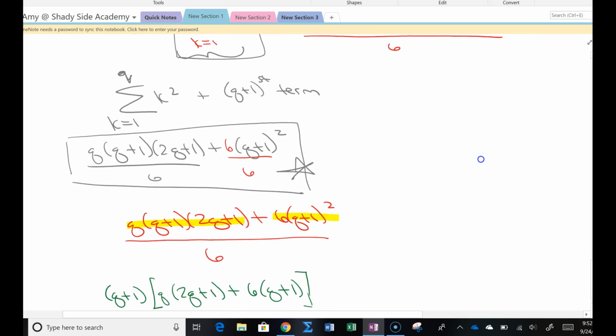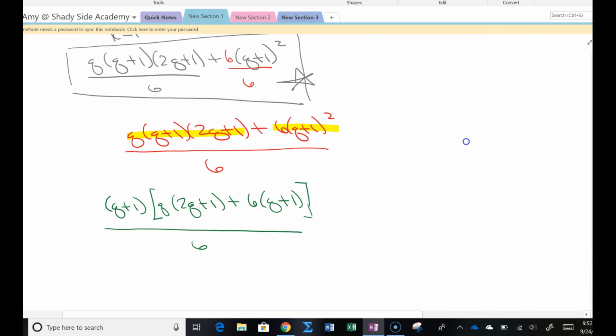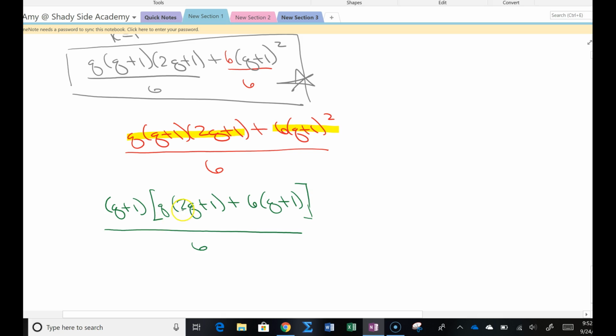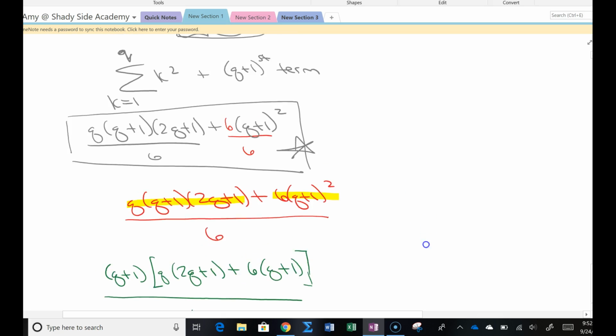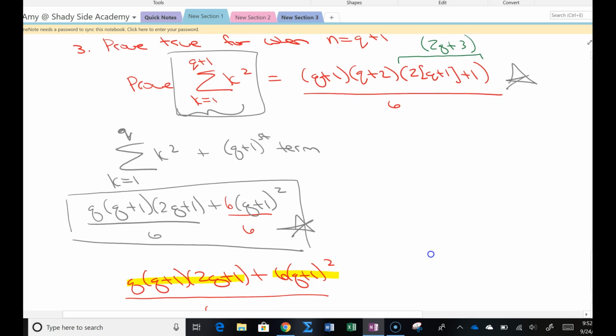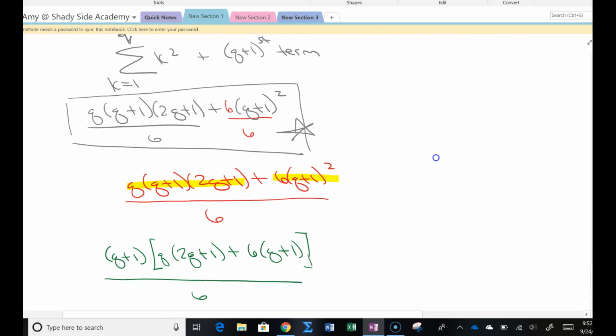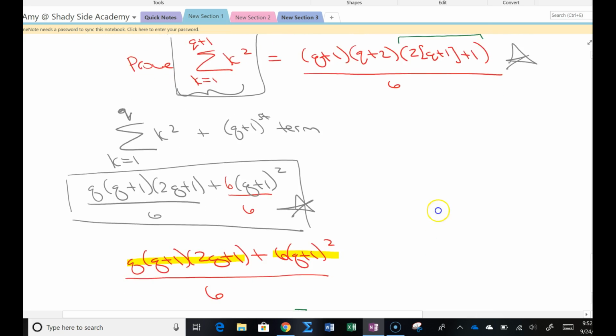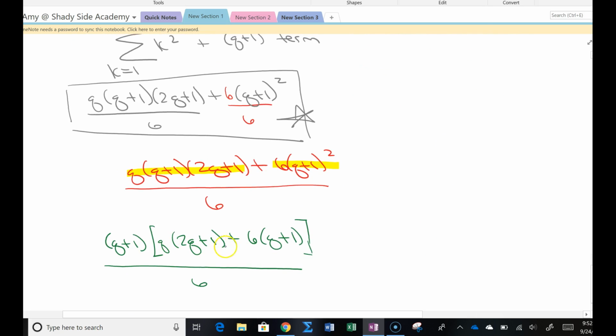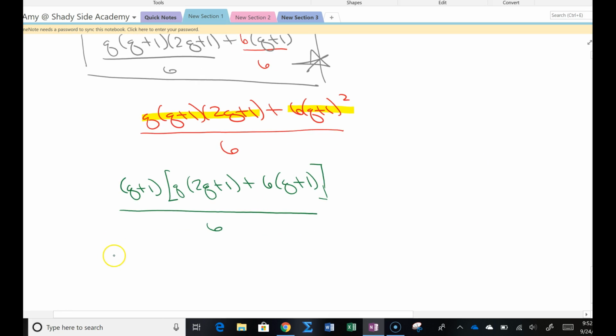Okay, good. Now, what am I doing here? I want to get to, okay, I'm going to multiply this all out. Let's see, q plus 1 times 2q squared plus q plus 6q plus 6, all over 6.